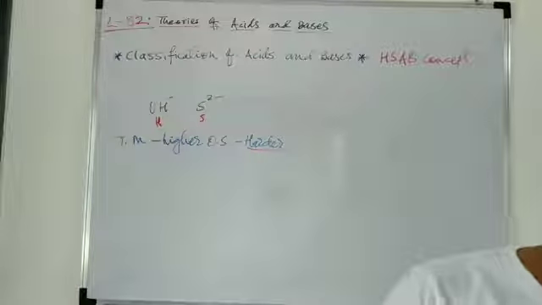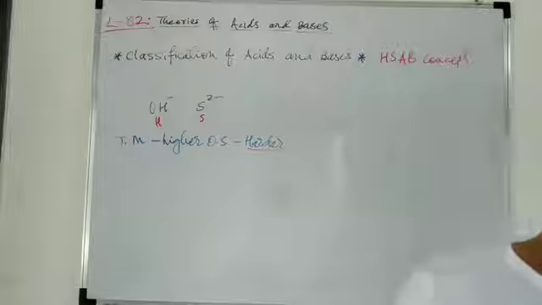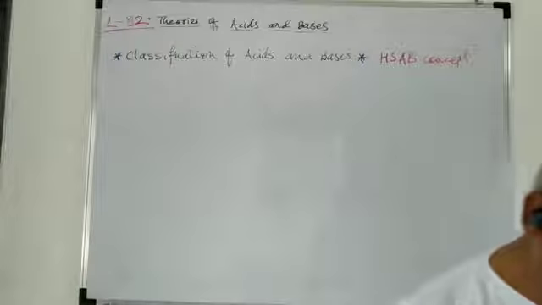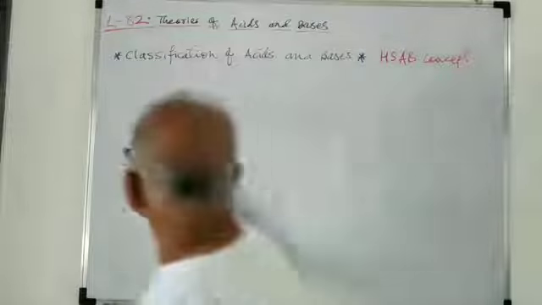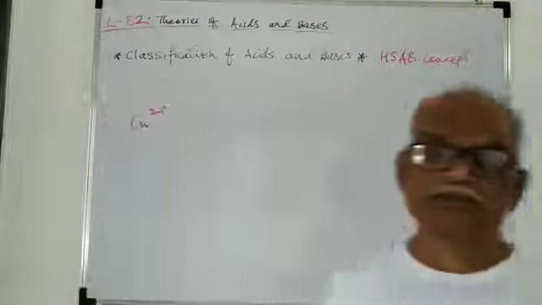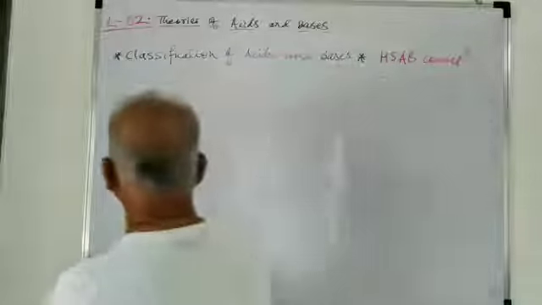The next question will be like this: will copper react more strongly with OH minus or NH3? We have copper 2 plus, and you know that copper 2 plus is a soft species.